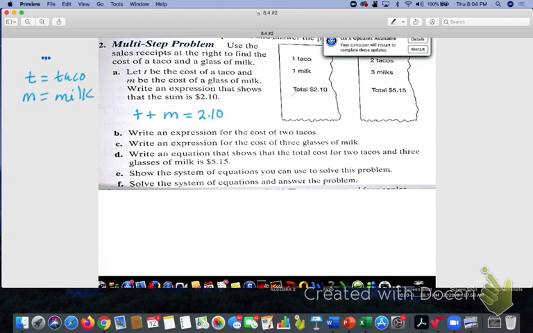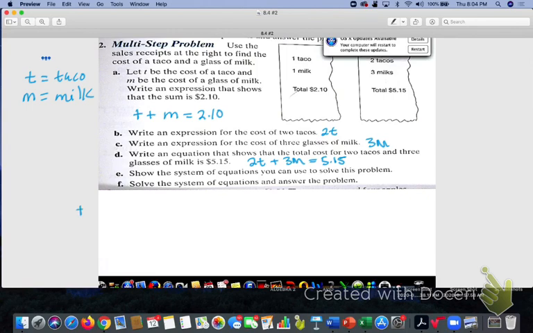Now it says write an expression for the cost of 2 tacos. How about 2T? Write an expression for the cost of 3 glasses of milk. 3M. Now write an equation that shows the total cost for 2 tacos and 3 glasses of milk is $5.15. So 2 tacos plus 3M is equal to $5.15.